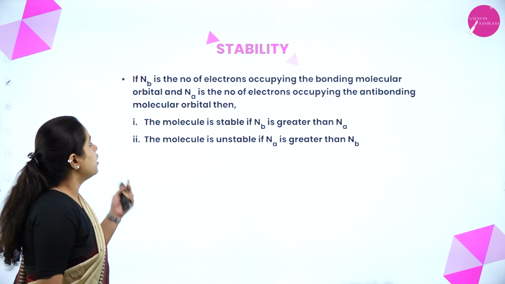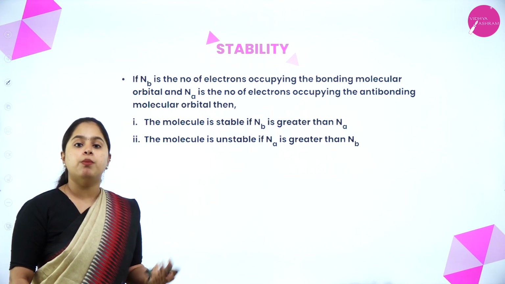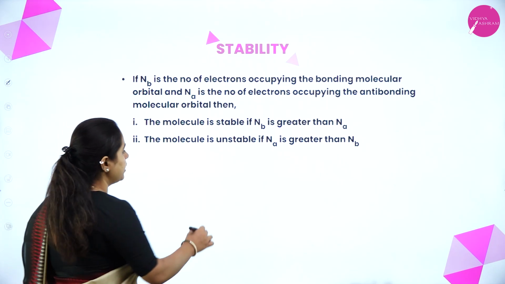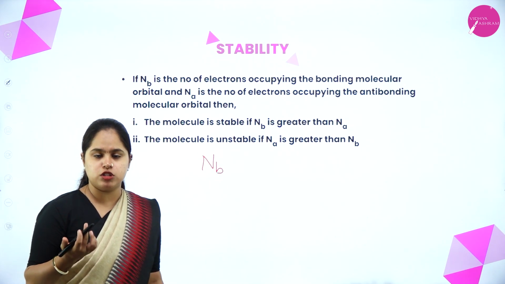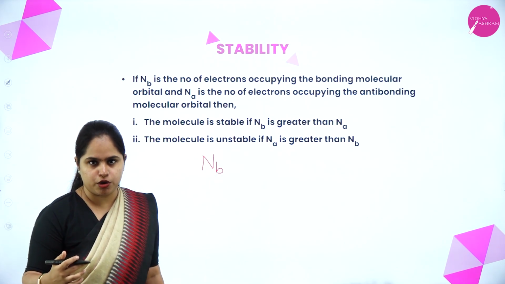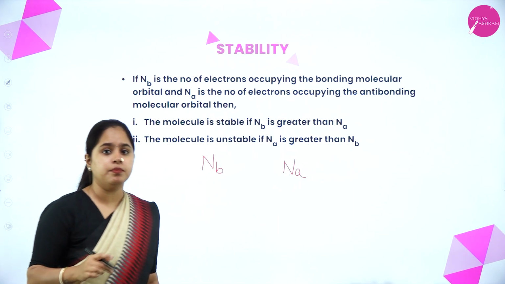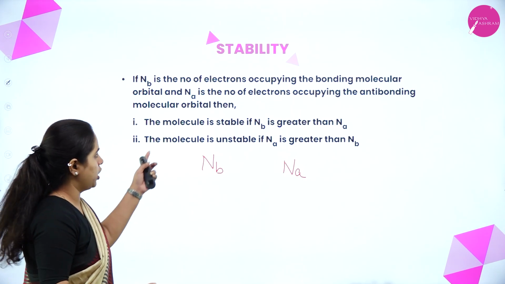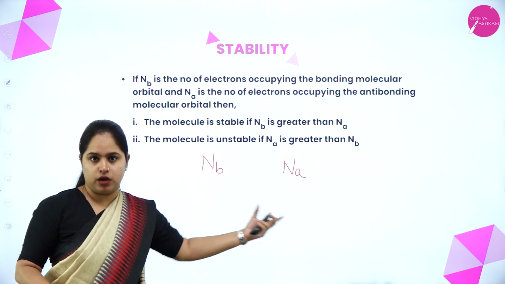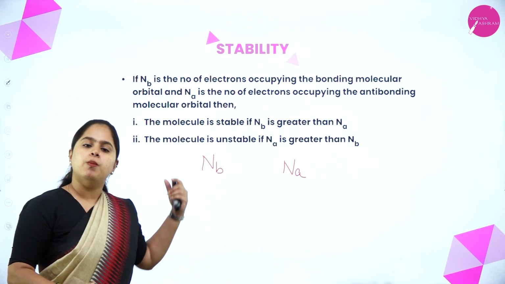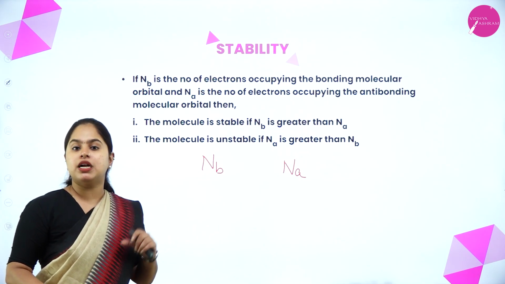Right? So, if NB is the number of electrons present in the bonding molecular orbital and Na is the number of electrons present in the anti-bonding molecular orbital, then if we know these numbers, we can predict the stability.